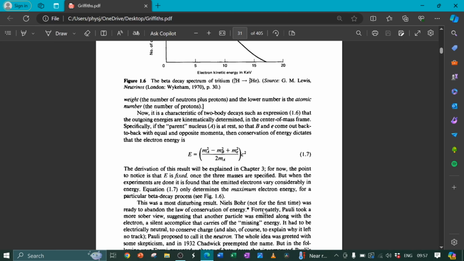The derivation of this result will be explained in chapter 3. For now, the point to notice is that E is fixed once the three masses are specified.